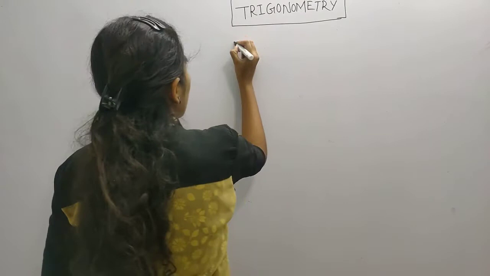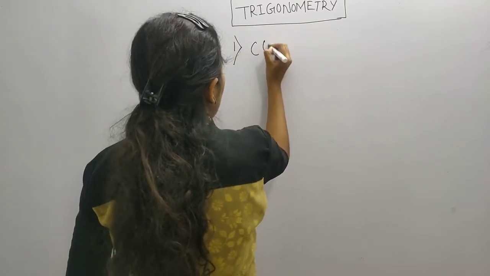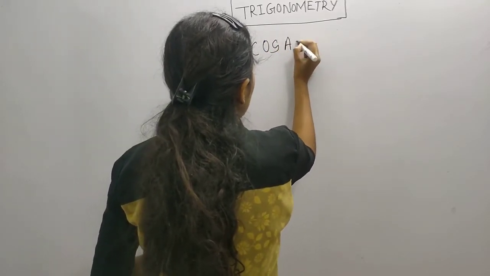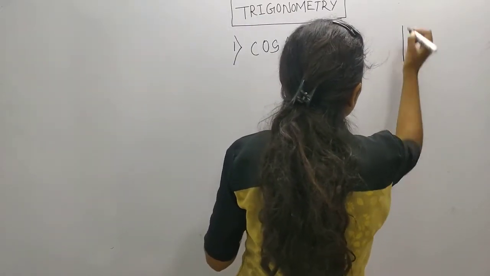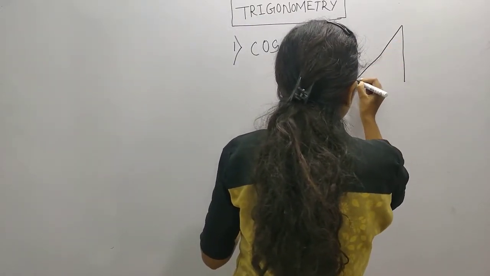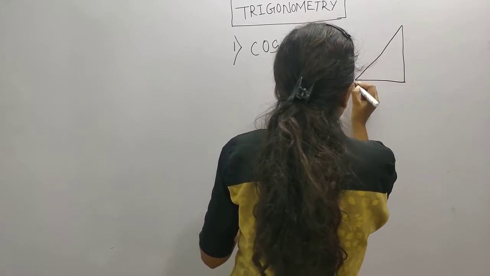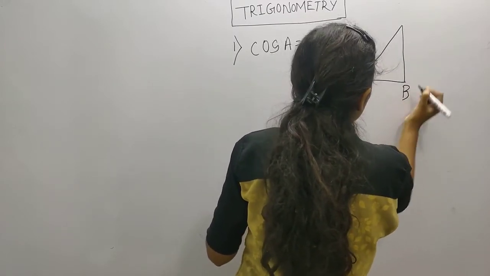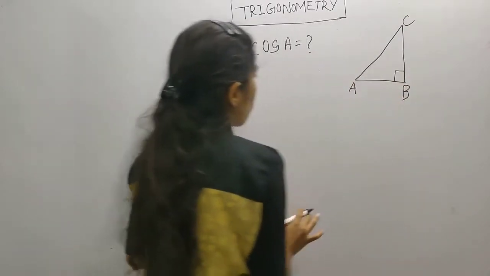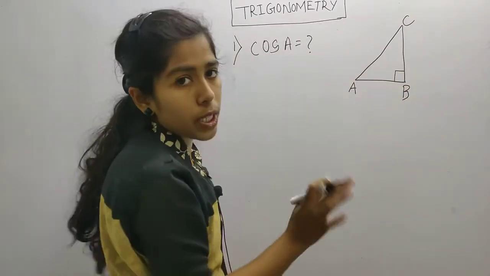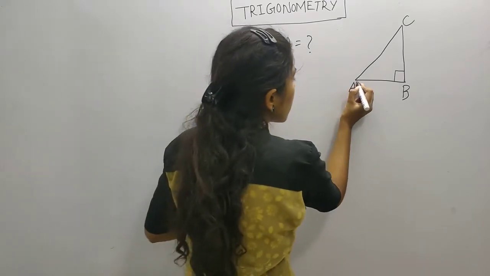The question has asked you cos A. We will draw a triangle first. A, B and C. Right? So let's see what is the angle first. A. So where is A?